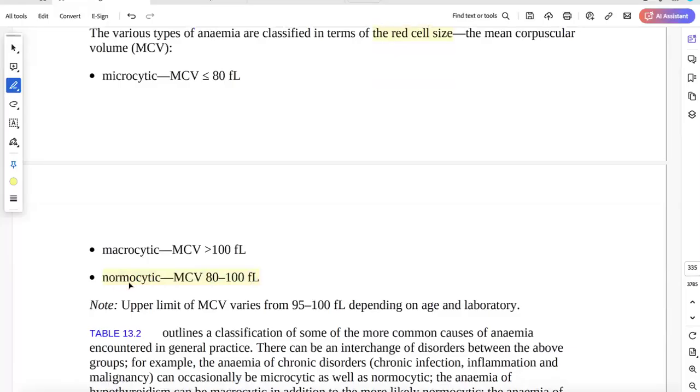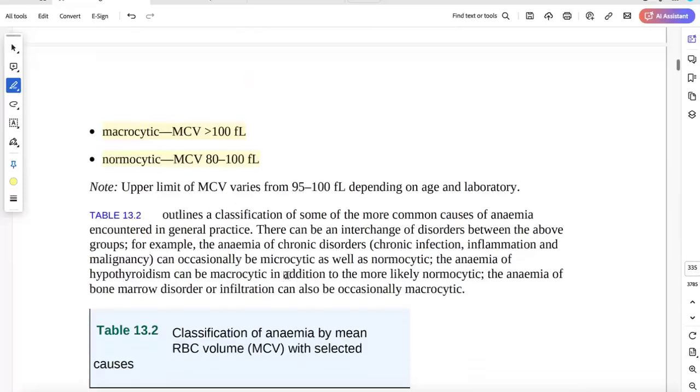That's normal, which is why it is called normocytic. Some patients can get small size red blood cells, less than 80, which is microcytic. And some can have more than 100, which is macrocytic. So these are the most common divisions of anemia: microcytic, macrocytic, and normocytic.